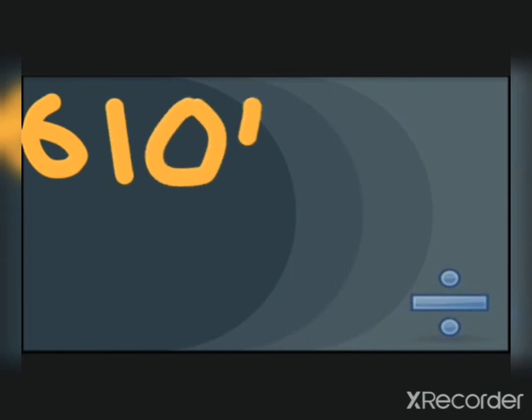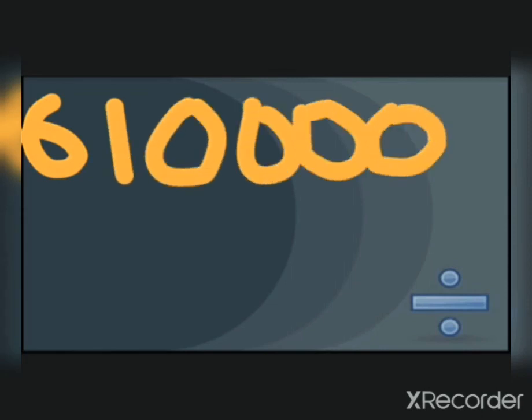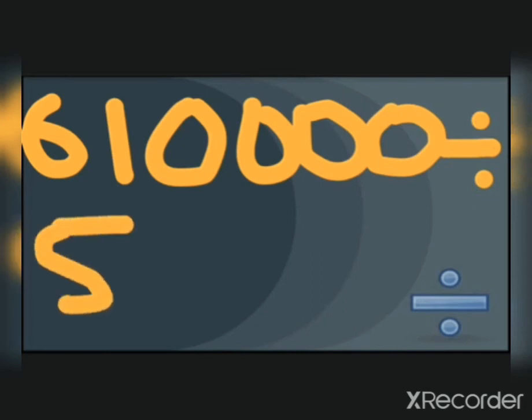The question provided us the total amount of 6,10,000 rupees. It was told that she wants it in 500 rupees notes. So if each group contains 500 rupees, now we have to find how many groups there are. We have to divide 6,10,000 by 500.